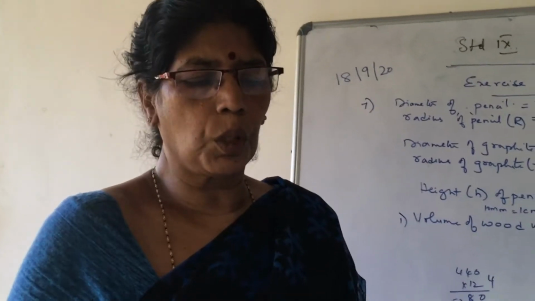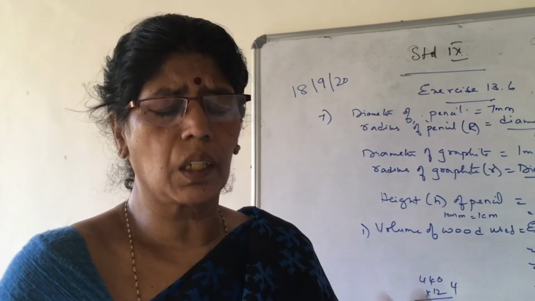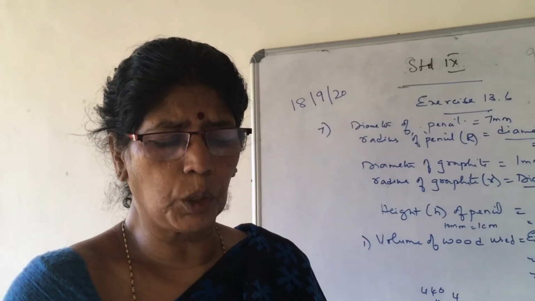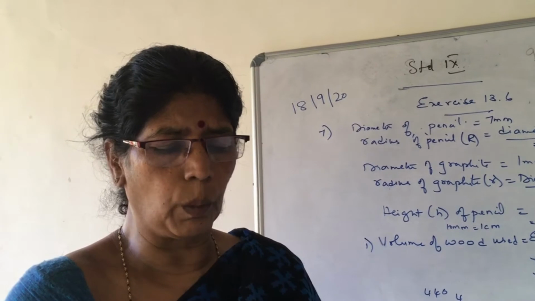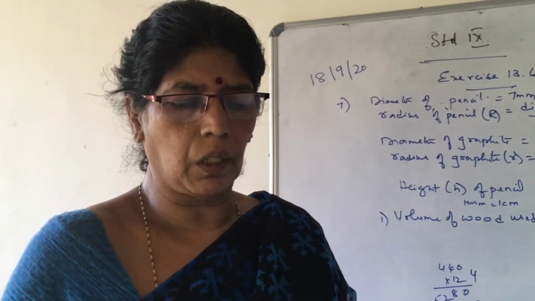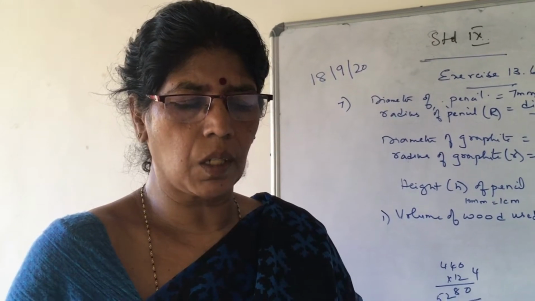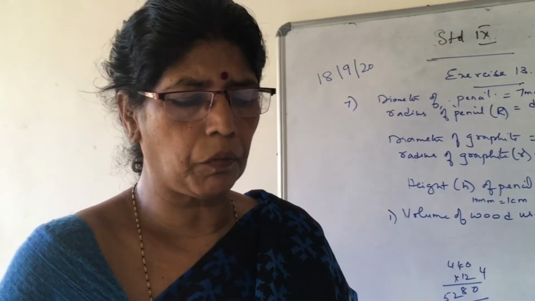Volume of wood used is external volume minus internal volume. The second bit is only graphite; you know its radius, so you find the volume of graphite.